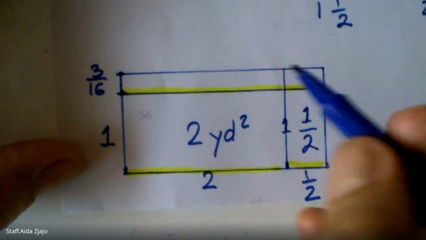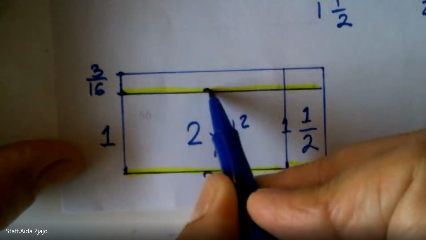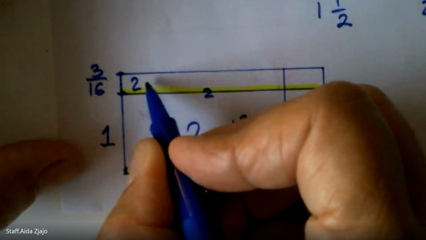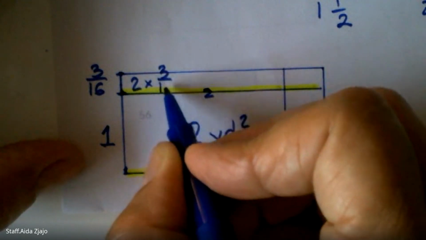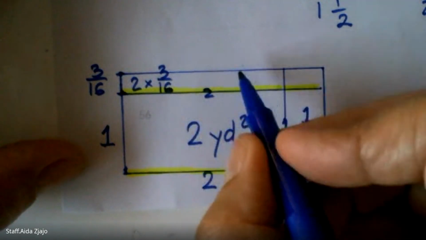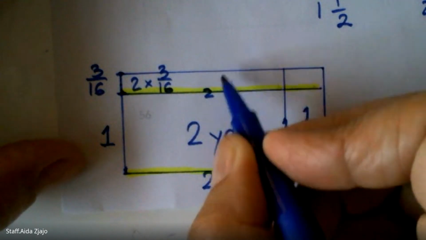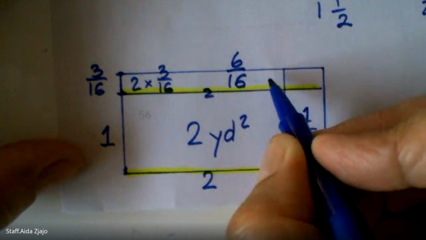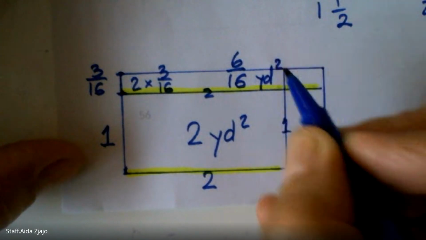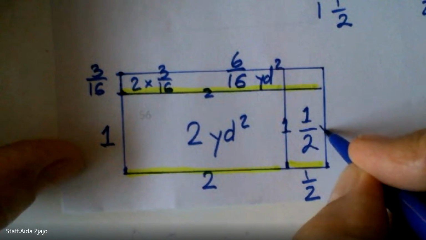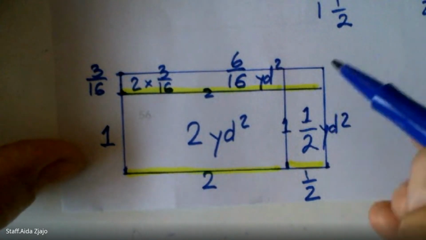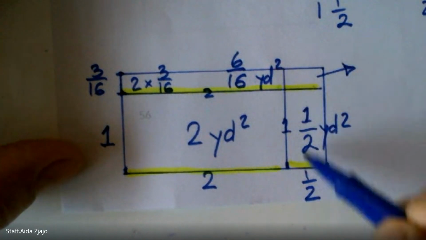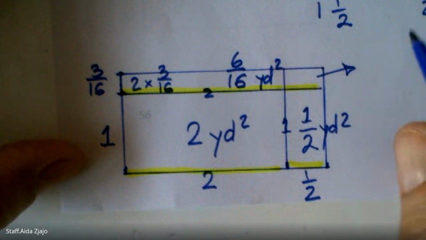And then here you have 2, this is 2 by 3/16. So 2 times 3/16 makes 6/16. So this area is 6/16 yard squared. And this one here is 1/2 by 3/16.